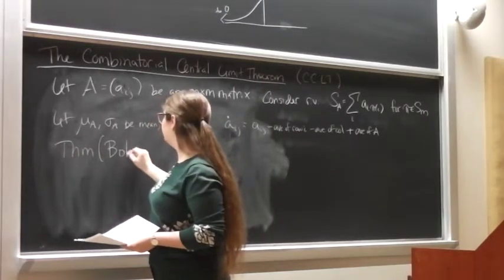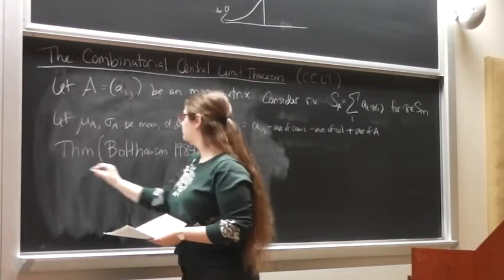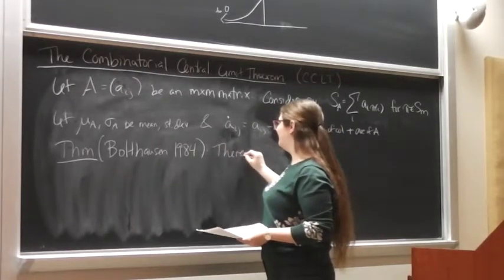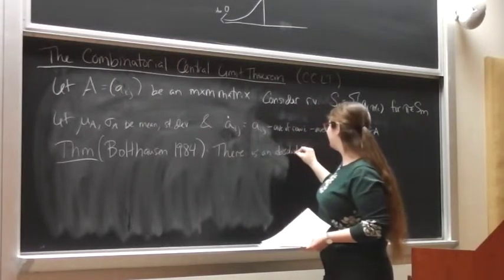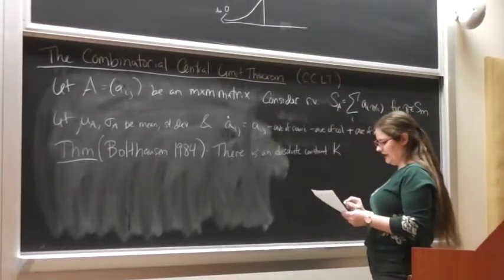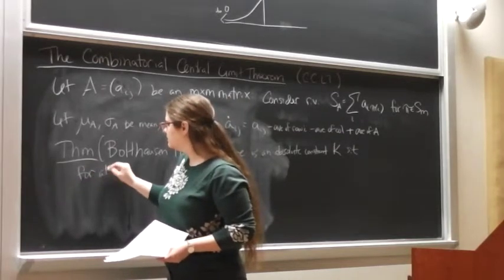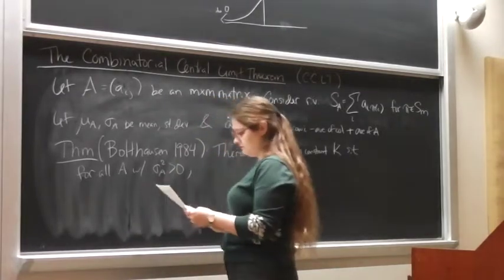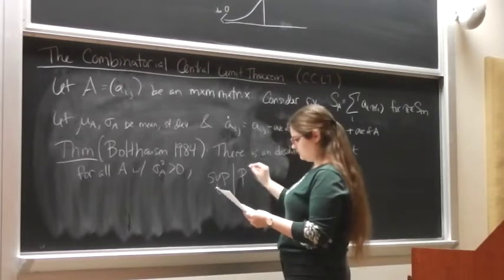which is from 1984 and due to Bolthausen. Okay, so he said, and here comes the unknown constant. There is an absolute constant called capital K, so that for any matrix with any variance at all, we get this bound.